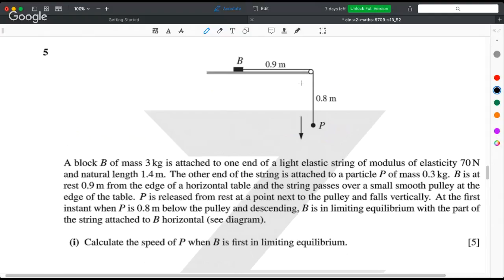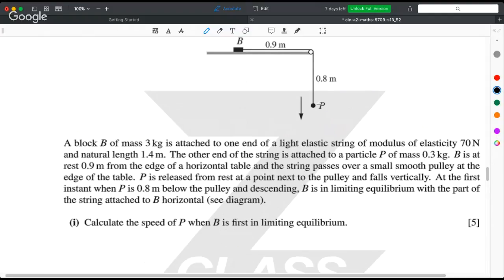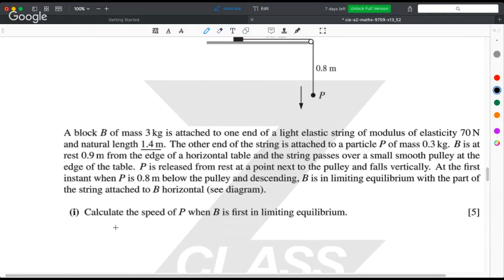The natural length of this string is 1.4 meters, and what they're saying is that at some point, B will be just about to move, which is what limiting equilibrium means. At this point the string has been stretched 0.9 meters this way and 0.8 meters this way. So it is 1.7 meters long, but its natural length is 1.4. So our extension x is 0.3 meters.